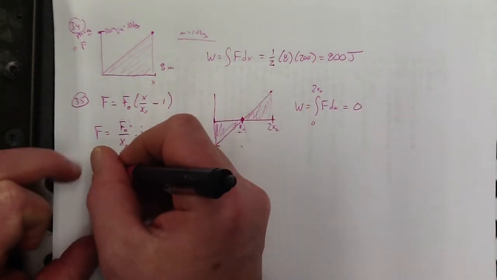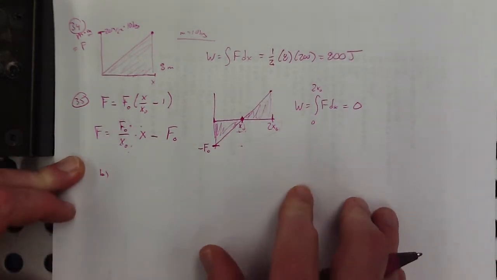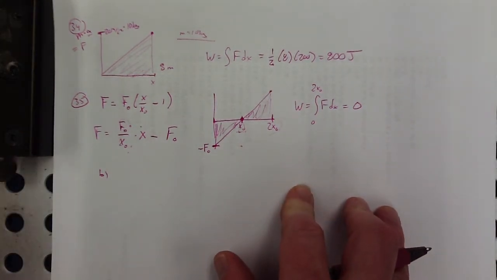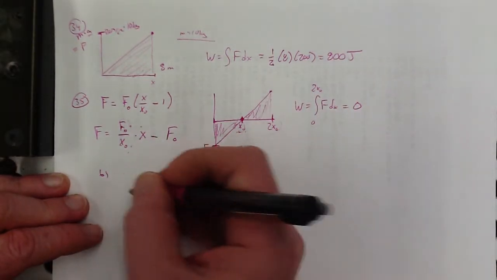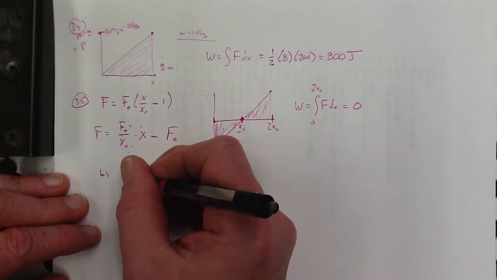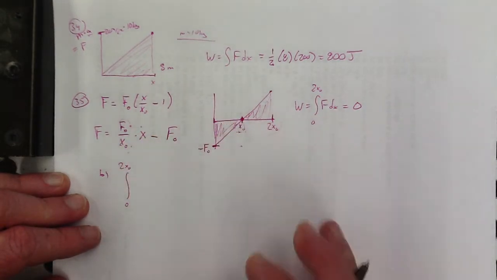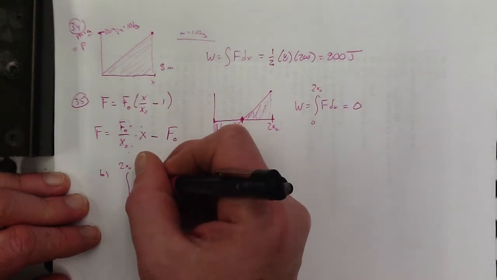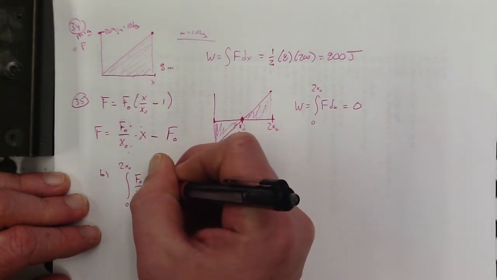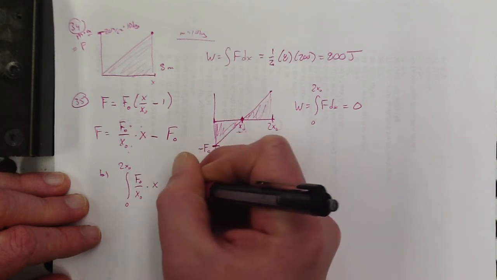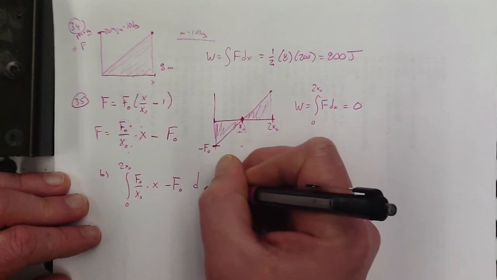Now part B, if you know how to find antiderivatives, you know what the fundamental theorem of calculus says and all that, then, since we have this written like this, let's see if we can do it that way. So I'm taking the integral from 0 to 2x sub 0 of, this is just a constant, times x minus, that's just a constant.